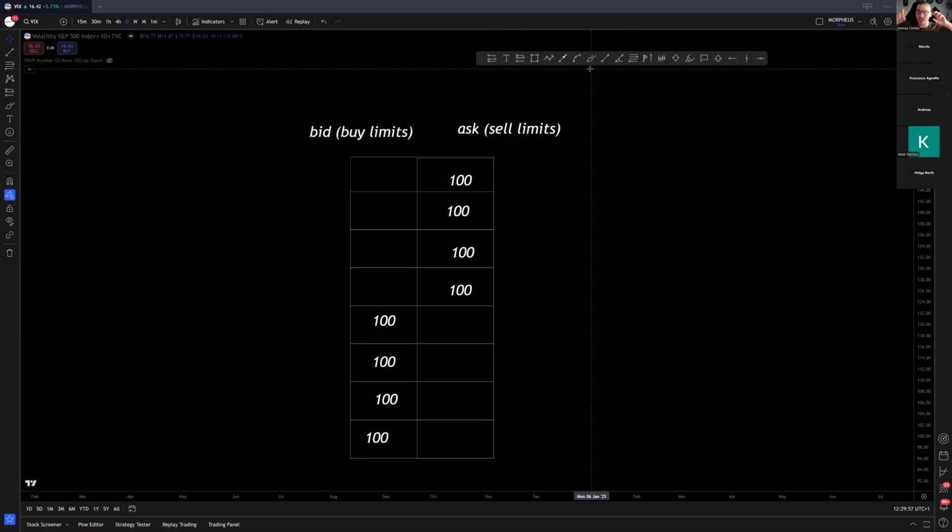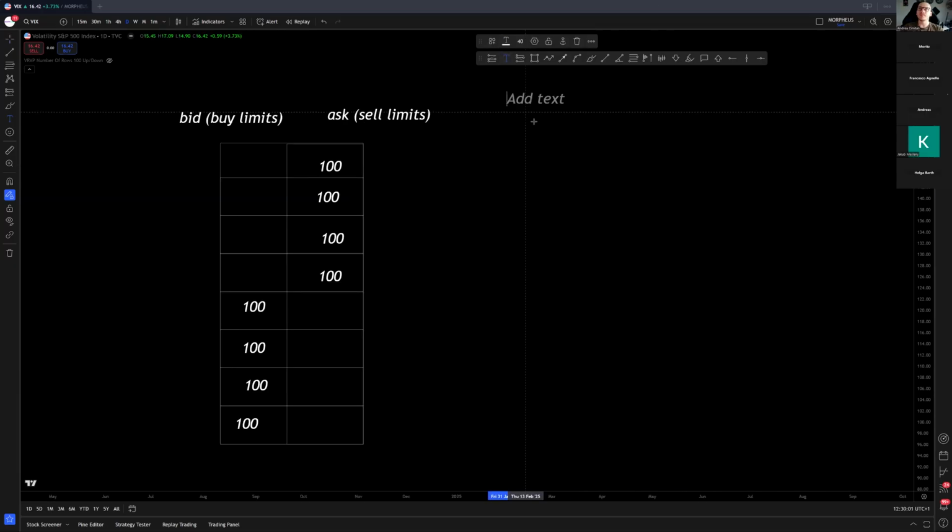What's being sold is orders, whether they're buy or sell. That's why we can say that supply and demand is not just supply is sell orders and demand is buy orders. We could say that there's a supply of orders, which is buy limits and sell limits, which are the so-called market makers.